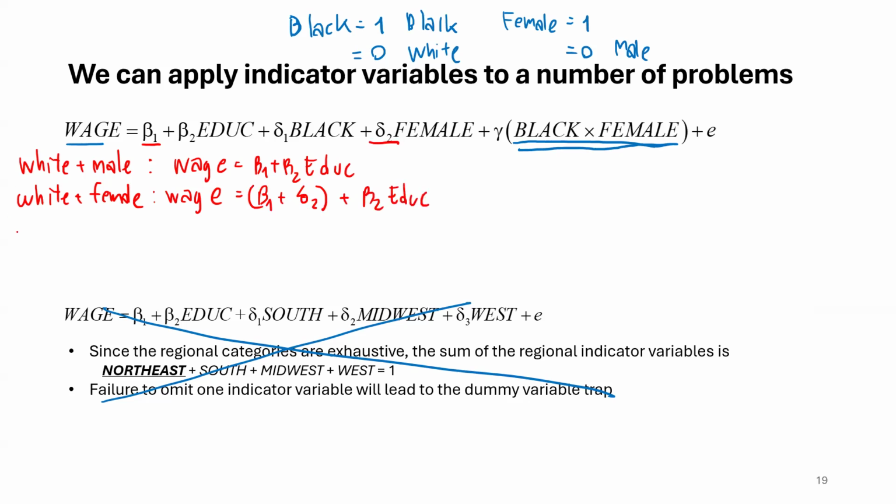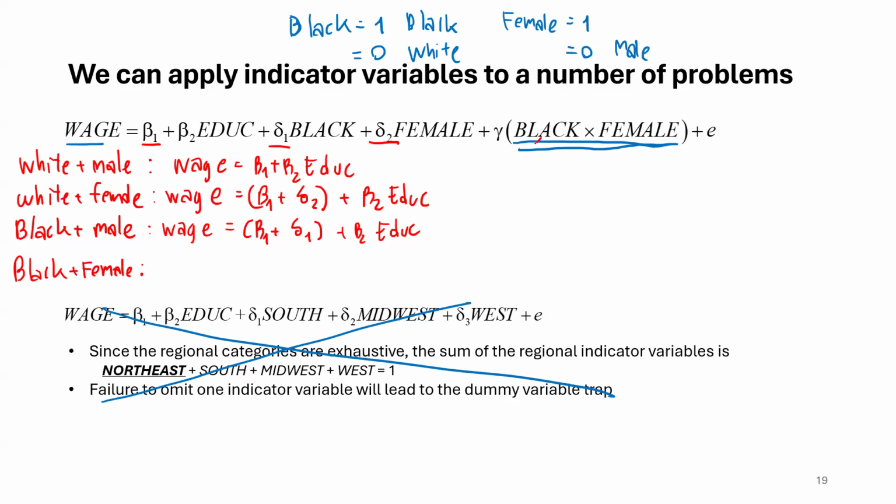How about if you are a black male? Female is zero, so the wage here is beta one plus rho one, plus beta two education. And lastly, a black female.